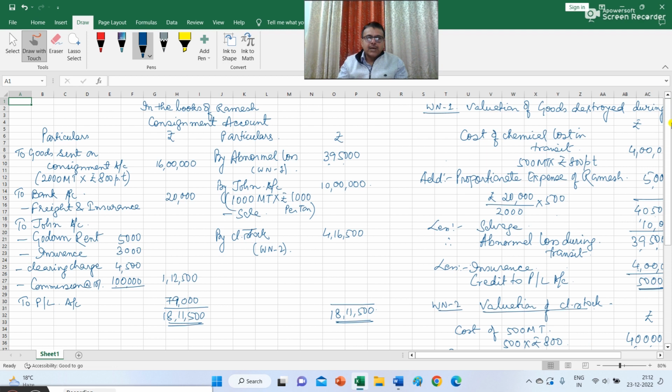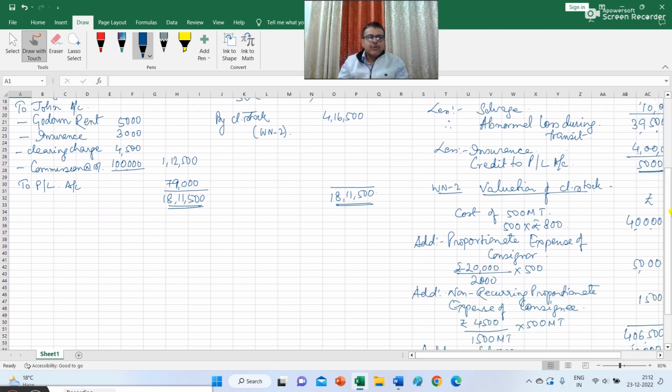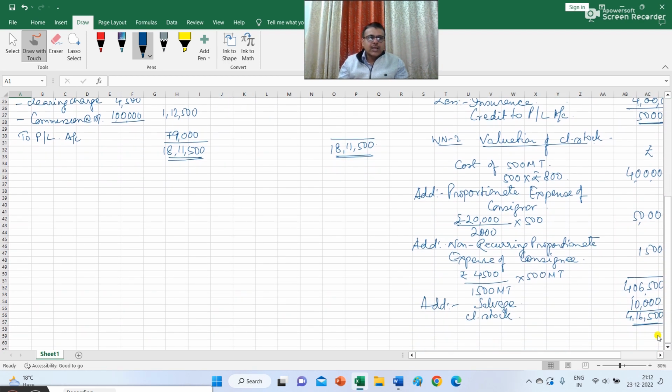Now we have to prepare the other two ledgers, that is the abnormal loss account and the John account. So in abnormal loss account, on the debit side, I am writing to consignment account, and the amount which was credited in consignment account was 3,95,000, and the amount which was admitted by insurance company and paid.